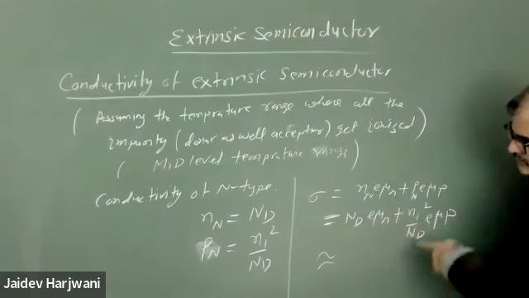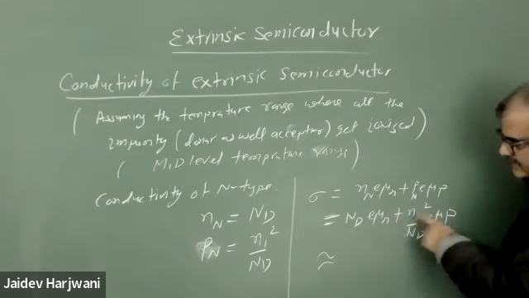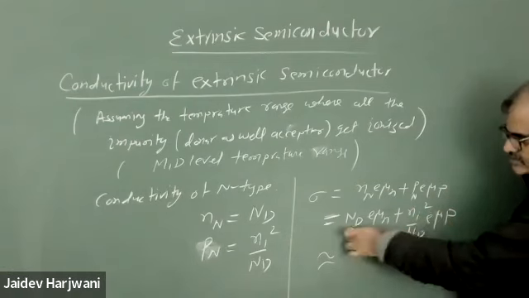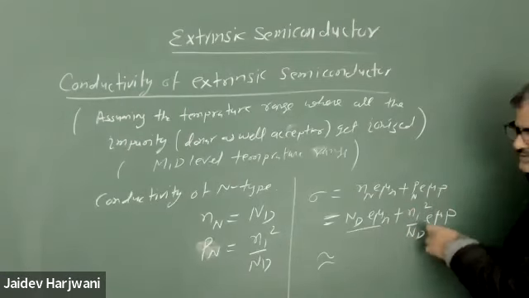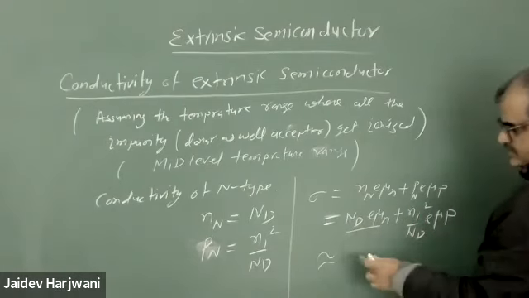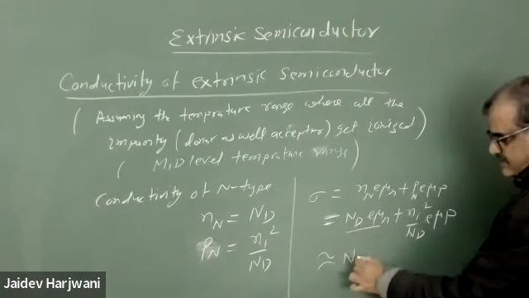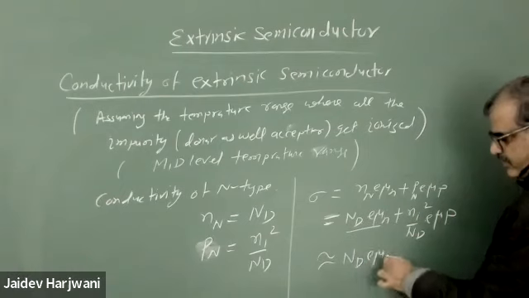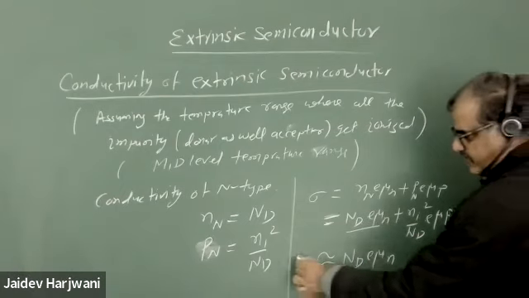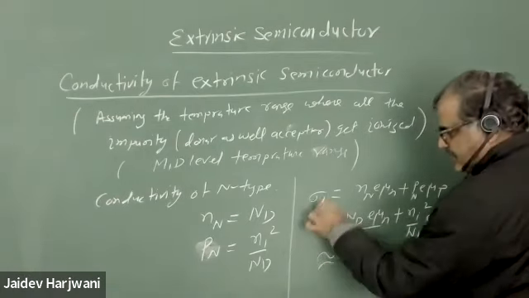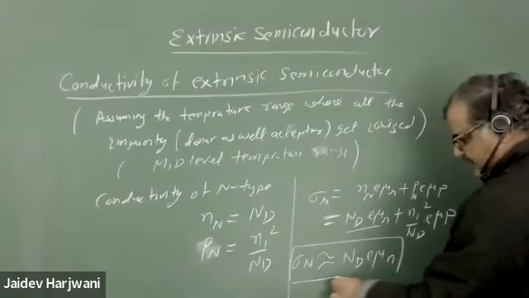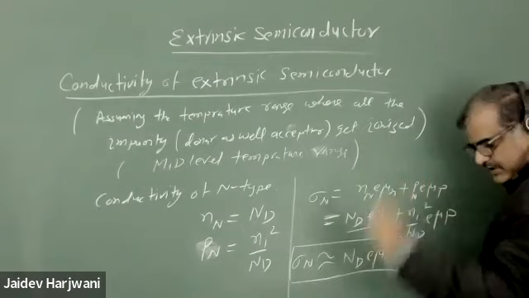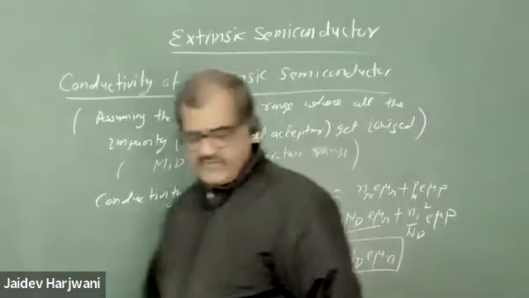If you want the exact value you can use this formula, but when you add this term to the first term, it is negligible, so there is no use in adding it. So I can write just my conductivity is Nd e mu n. This is the formula for the conductivity of n-type semiconductor, assuming it is constant in the range where it is constant.